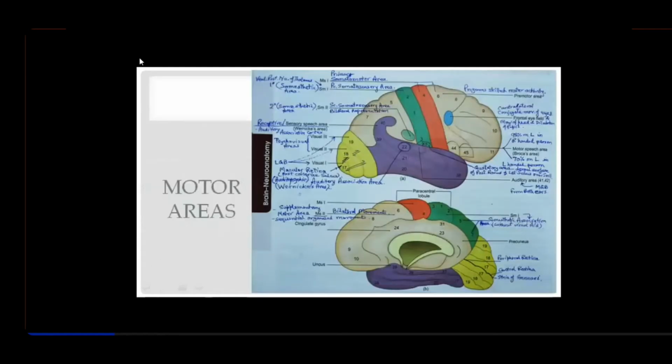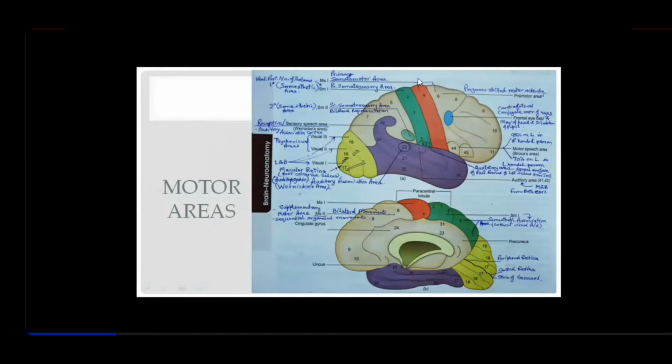As you remember, while teaching about the different sulci, I told you about the Rolandic sulcus, the central sulcus, which was slightly behind the midpoint of the superomedial border of the cerebral hemisphere, from the frontal pole to the occipital pole.